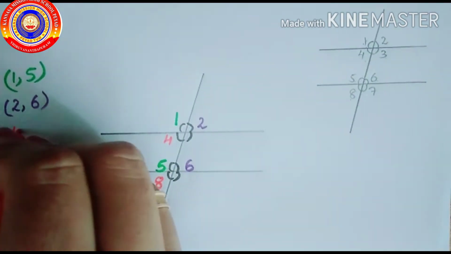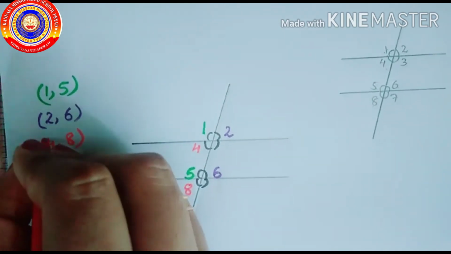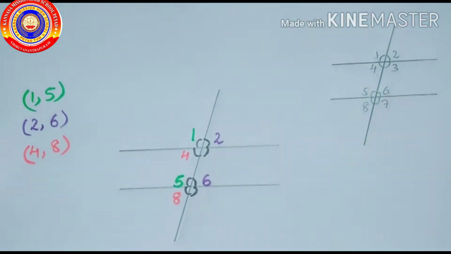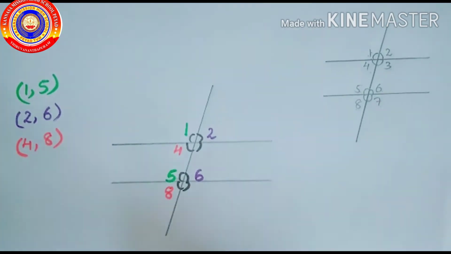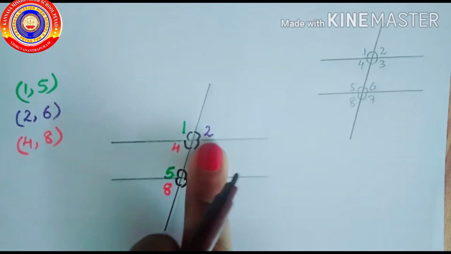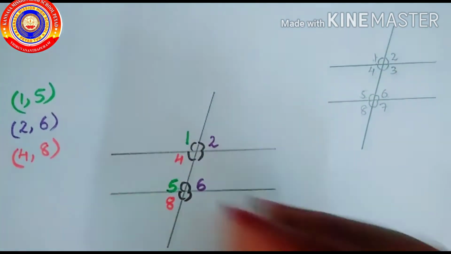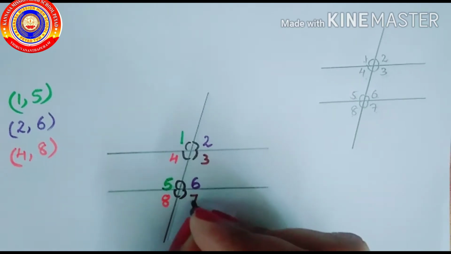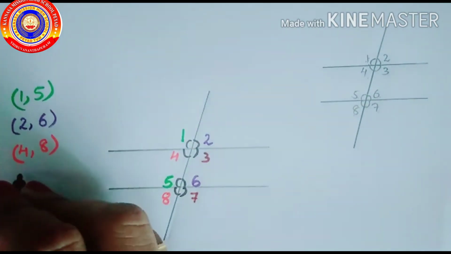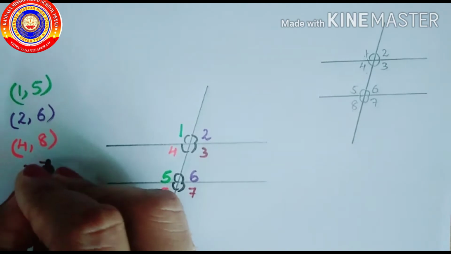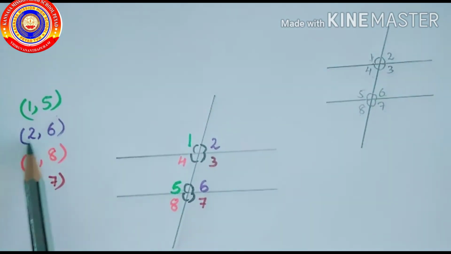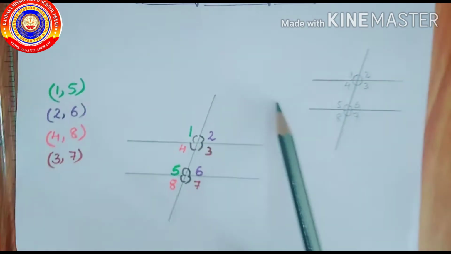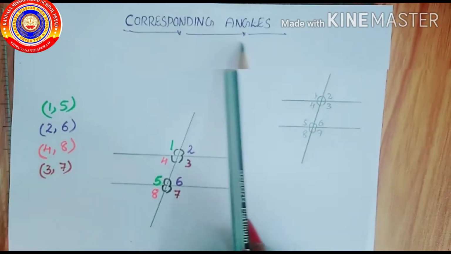And the next pair of angles is angle number 3 and angle number 7. It's also in the same position, just below the two parallel lines and right of the slanted line. These are the pairs of corresponding angles. So here we have 4 pairs of corresponding angles.